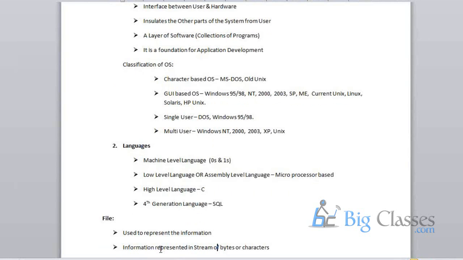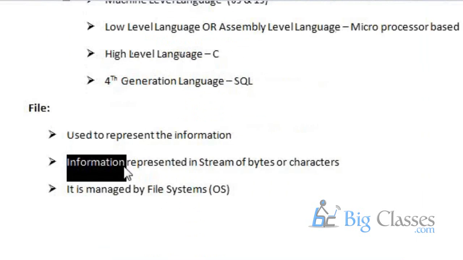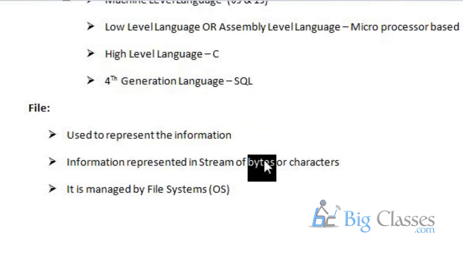Suppose you type your biodata in a Word file, over there you are going to type characters. Whereas what do these bytes represent? Suppose you copy an image and paste it into a Word file and then save that Word file, then that image is stored in bytes format. So bits and bytes are the smallest measuring units of memory.